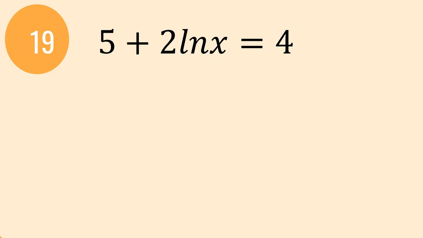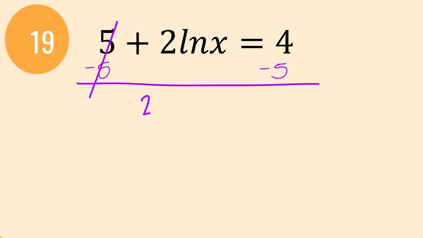First thing we're going to do is subtract 5 from both sides of my equal sign. And subtracting 5, I'm going to end up with 2 times ln of x equals -1. To get rid of that 2, you have to divide by 2 on both sides.